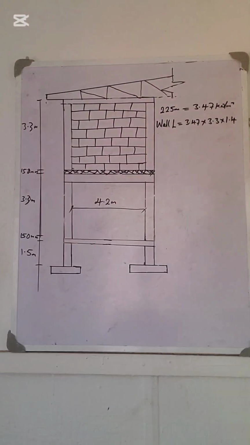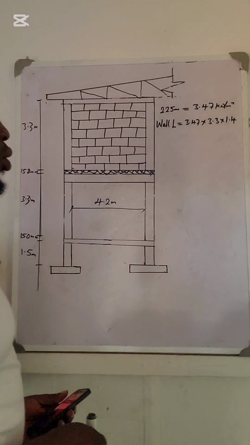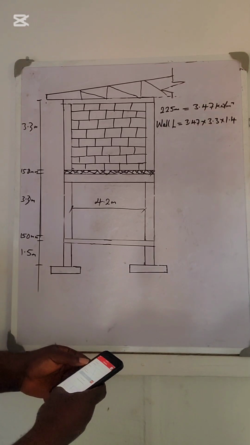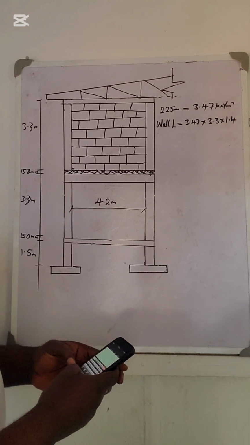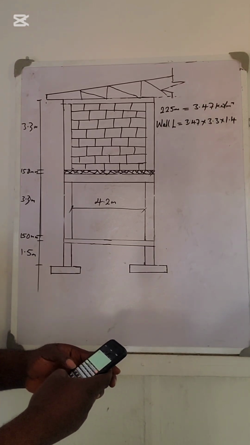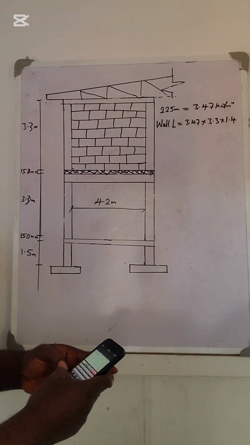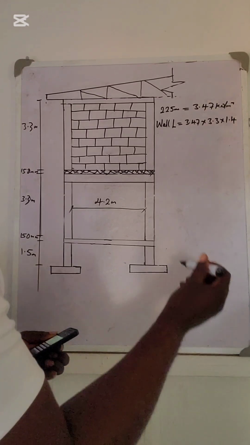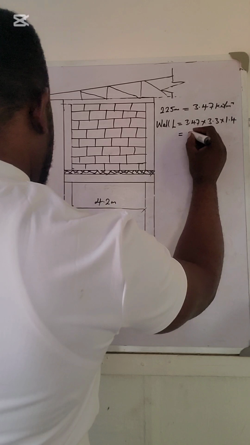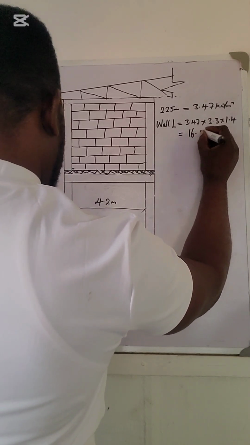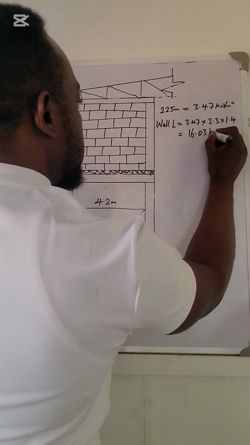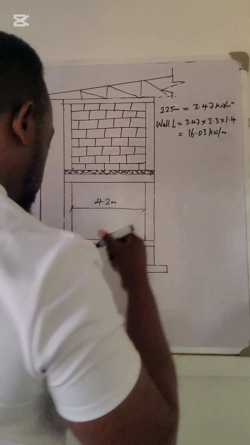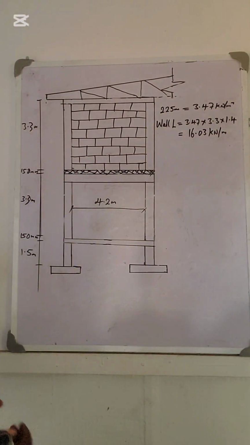When you compute that, 3.47 multiplied by 3.3 multiplied by 1.4, this will now be equal to 16.03 kilonewton per meter. All right, that's our wall load.